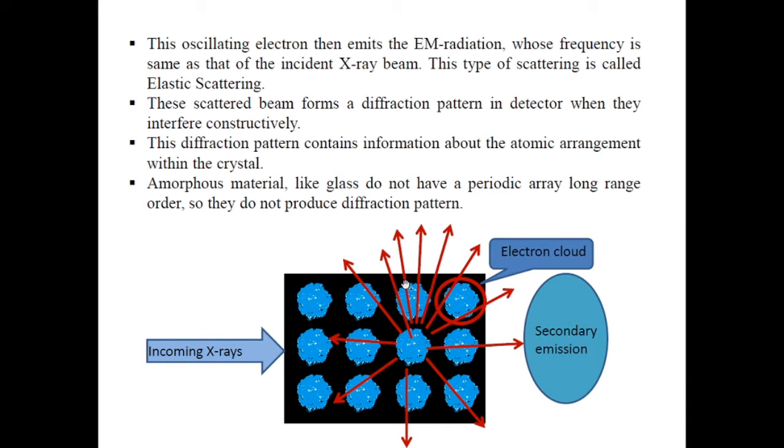Now this emitted radiation, depending on the orientation of the planes, will either interact constructively or destructively. If they interfere constructively, then we will observe the constructive interference in the detector. Amorphous materials like glass or mica do not have a periodic array of long range order, so they do not produce a diffraction pattern.